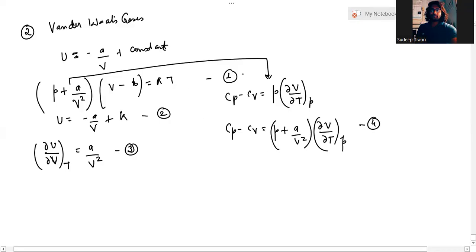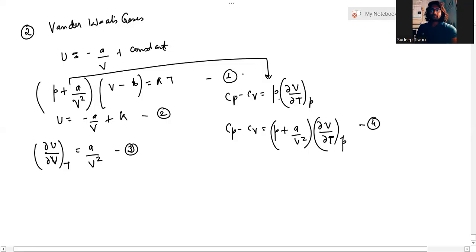So if I want to obtain this del V upon del T at a constant pressure, how will I obtain it? Okay, so I hope this is clear now.